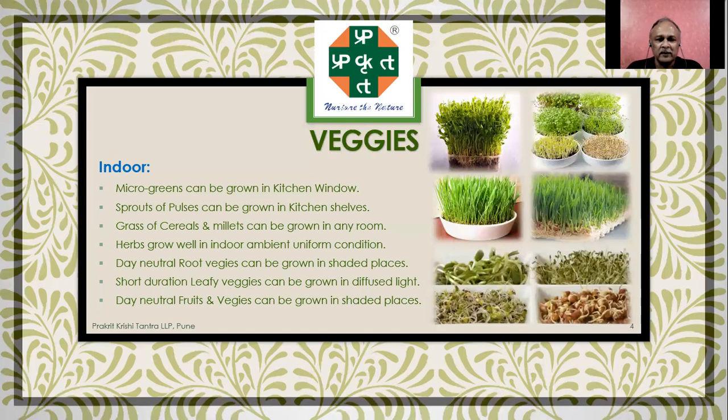Certain leafy vegetables take 30 to 35 days, 40 days, or less than 30 days, like 25 days. So those can be grown at home also, near the window where sunlight is there.